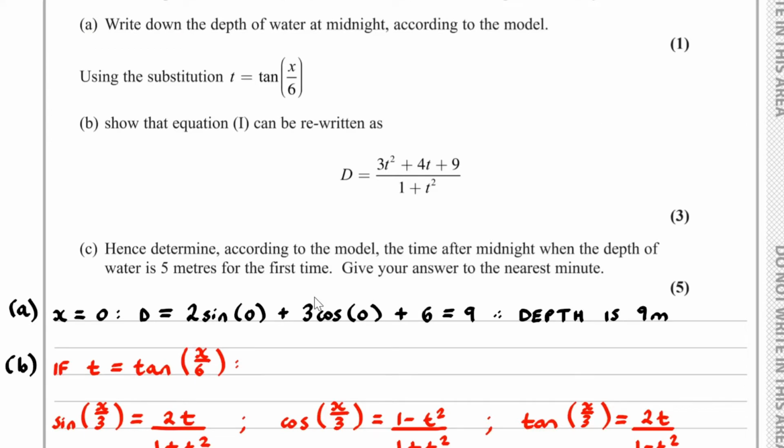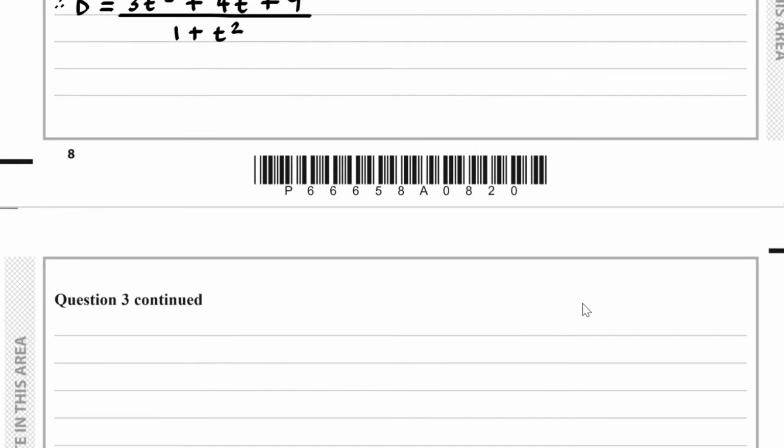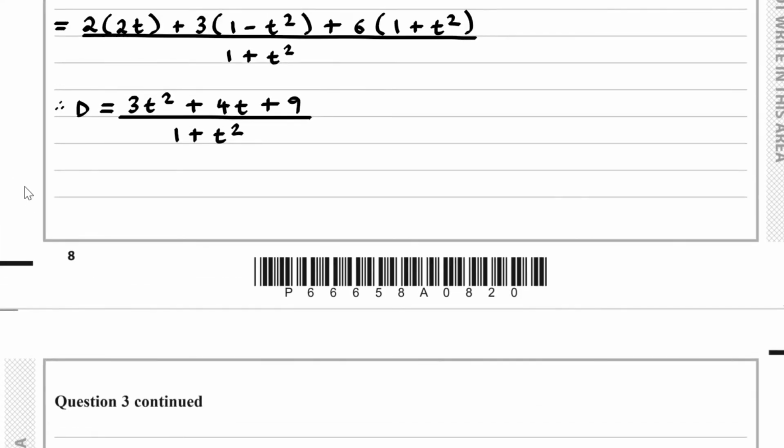Now, for part C, hence determine, according to the model, the time after midnight when the depth of water is 5 meters for the first time. Give your answer to the nearest minute. So, for part C, we need to set d equal to 5.